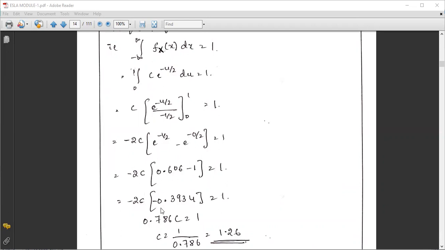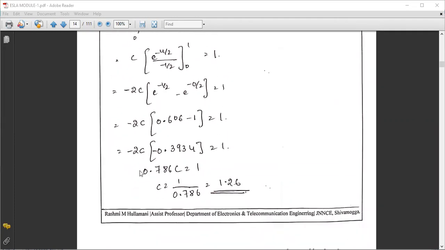Minus 2c times, 0.606 minus 1 gives minus 0.3934, which equals 1. We multiply by 2: c times minus 2 times minus 0.3934.